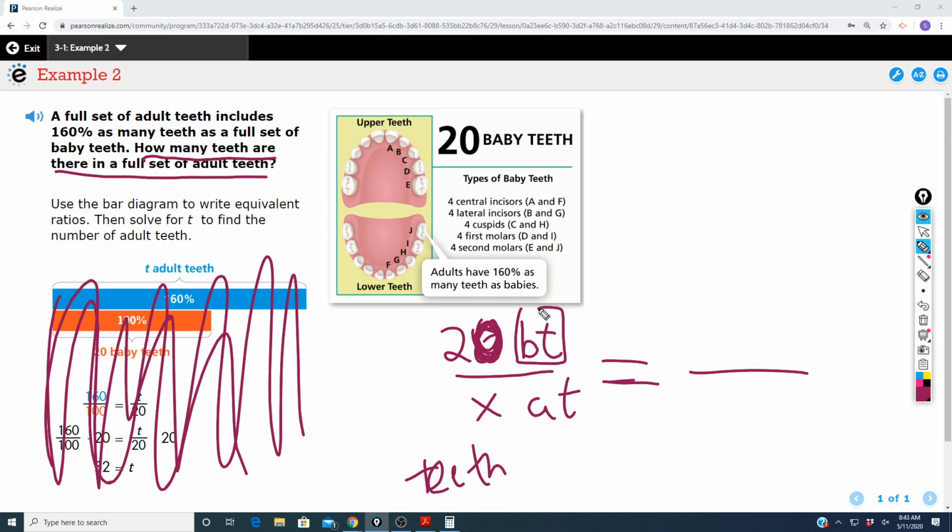I hope my abbreviations make sense. We don't know how many adult teeth in this specific example. The 20 baby teeth is 100% of what we're trying to figure out.